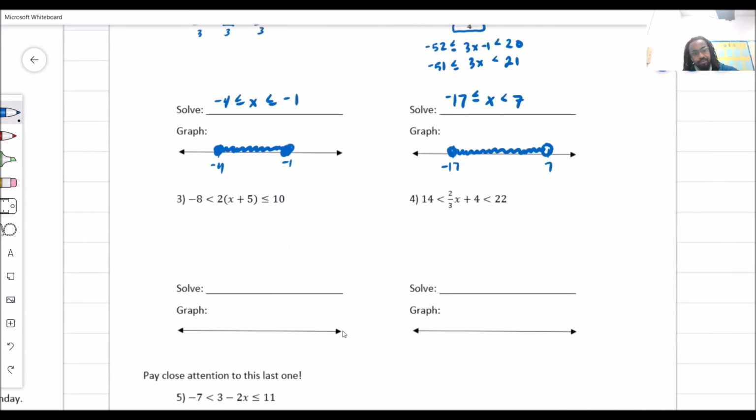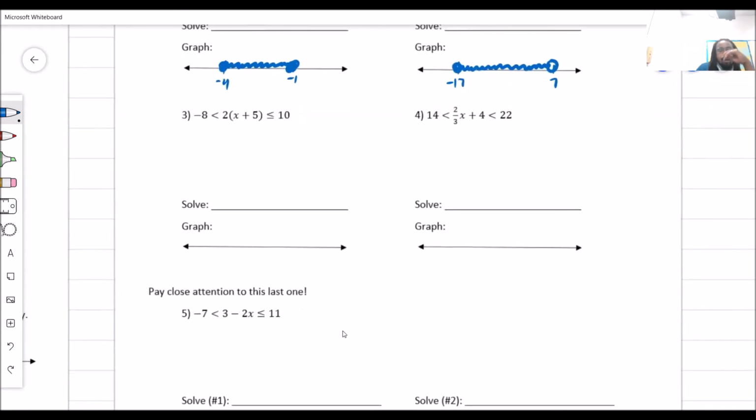All right, number 3. In the middle, you could say to distribute, but here's what I'm going to do. Distributing is just multiplying. I'm going to want to get rid of this 2. So instead of distributing, I'm just going to divide everything by 2. That'll save me a step. Almost feels like it saves me 2 steps, but only 1.